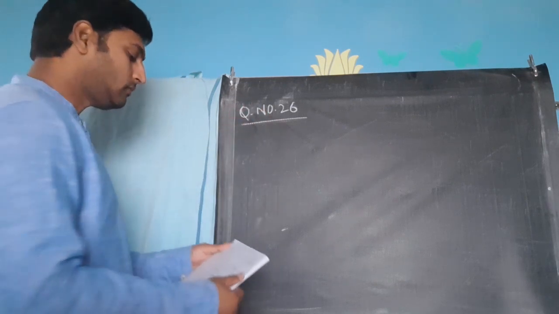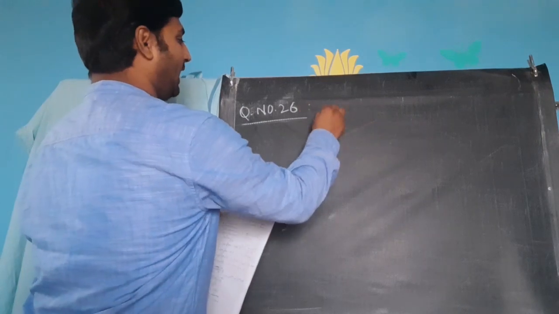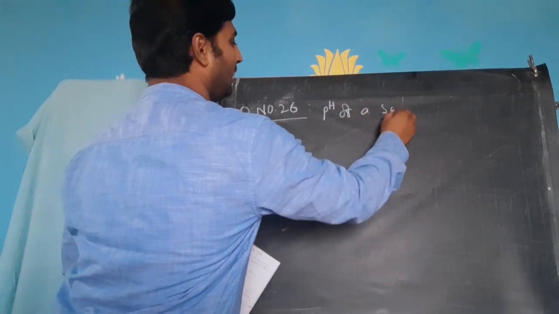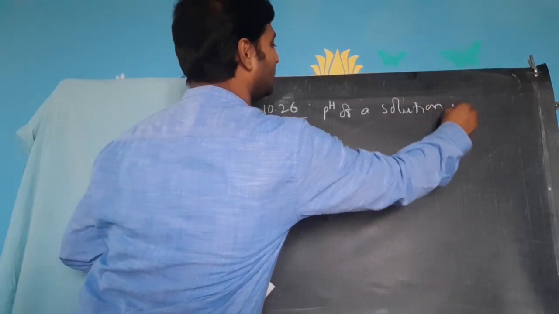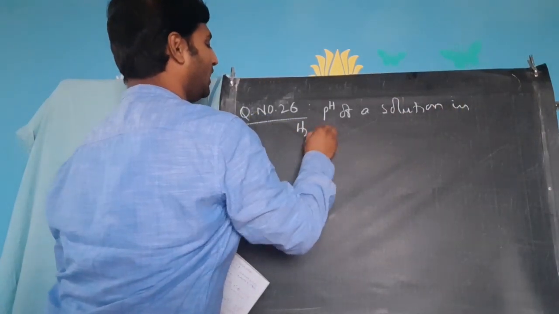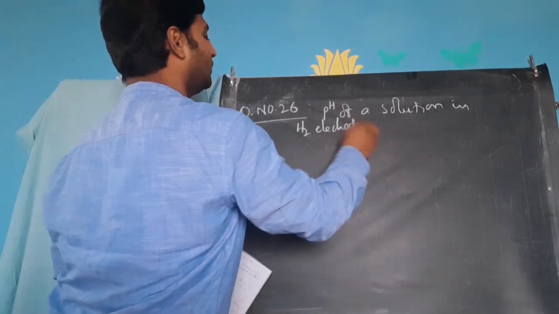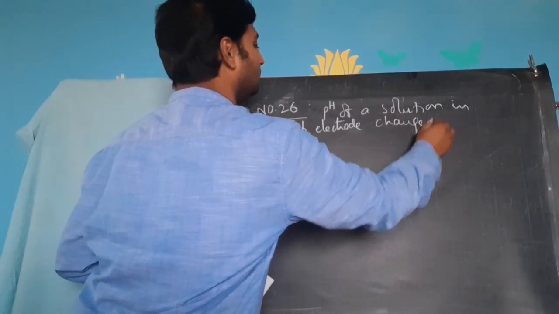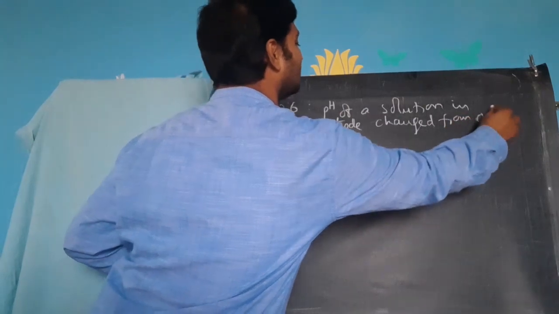Question number 26. He is saying that the pH of a solution used in a hydrogen electrode, which is a gas electrode of course, changed from 0 to 7.